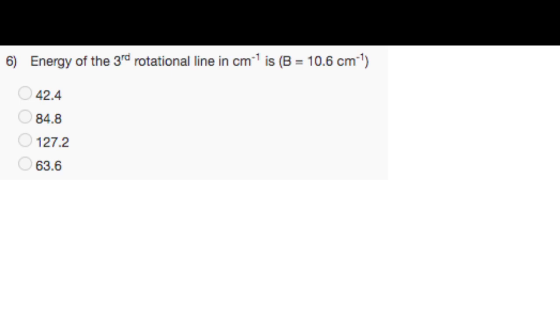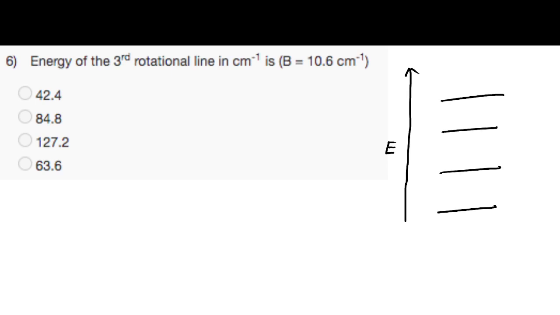So the energy of the third rotational line in centimeter inverse. First we have to understand what a rotational line is. Although we discussed it in the previous slide, I will discuss again. So this is our energy level diagram, delta E, and we have J equal to 0, 1, 2, 3. The energies are 0, 2B, 6B, and this is 12B.